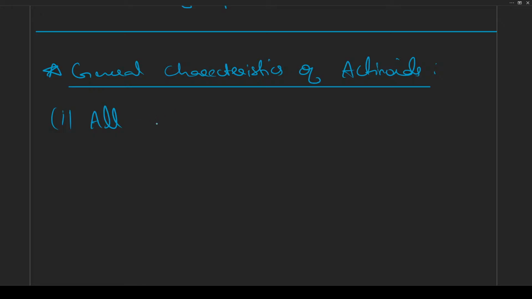All actinides are radioactive. They are silvery metals.